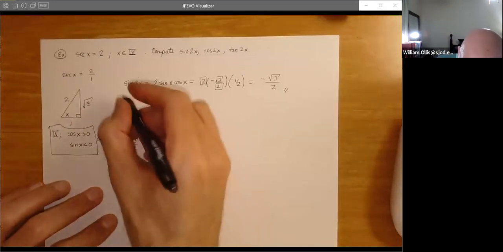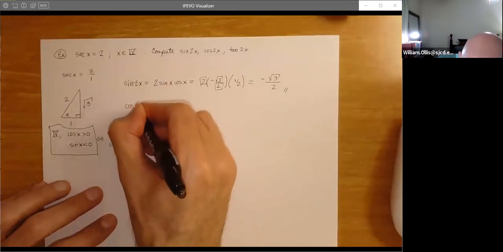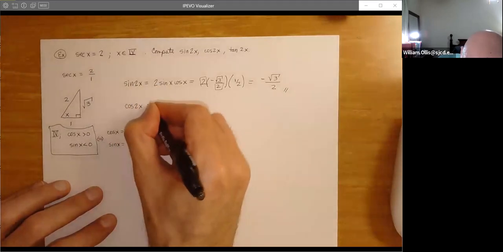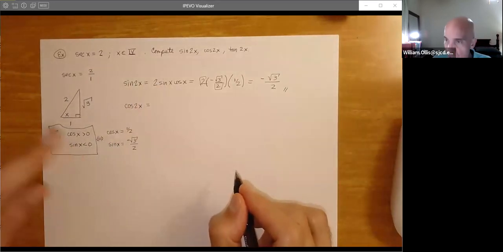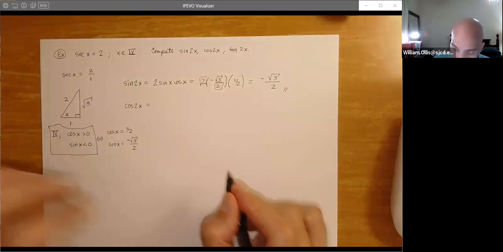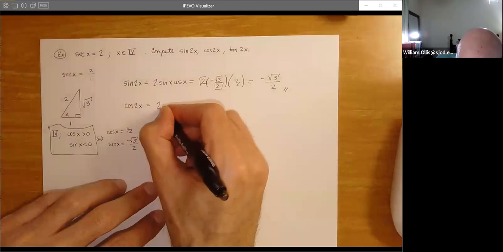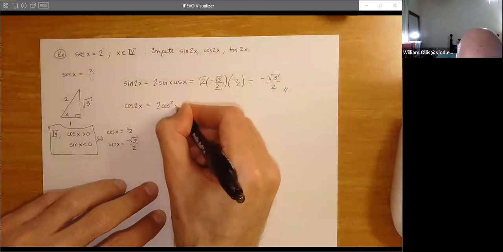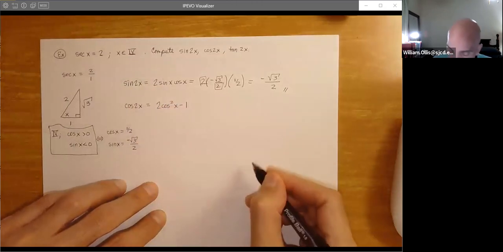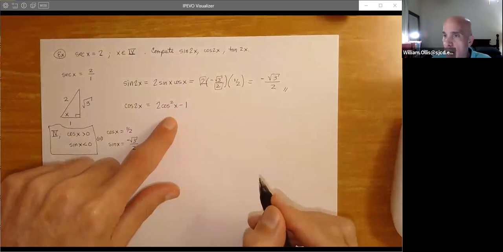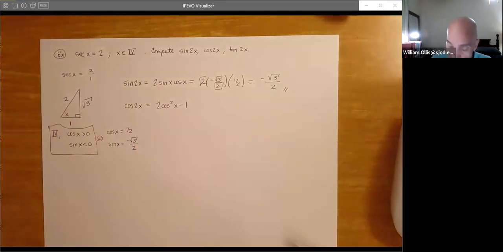And now let's do cosine of 2x. Now this is where we have some flexibility. We could do the cosine squared minus the sine squared. Let's just go ahead and use this formula, 2 cosine squared x minus 1. We have that luxury, or we could do 1 minus 2 sine squared, your choice.